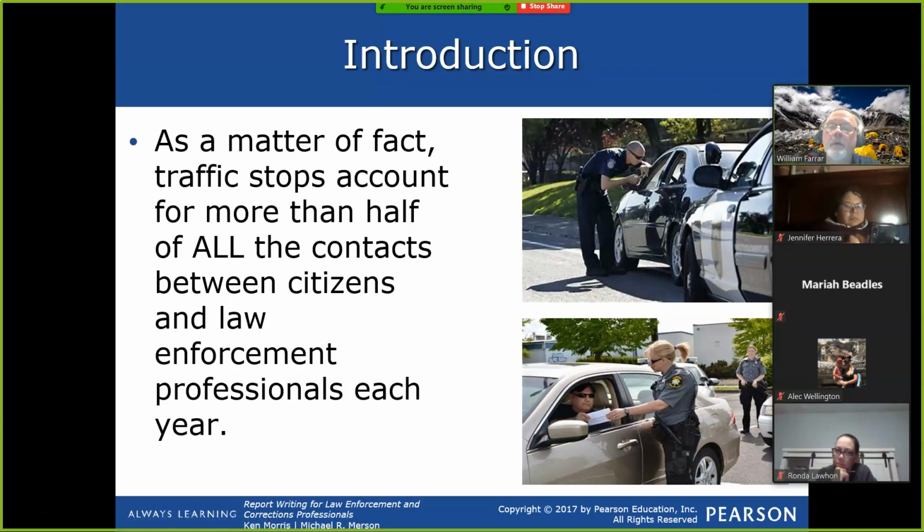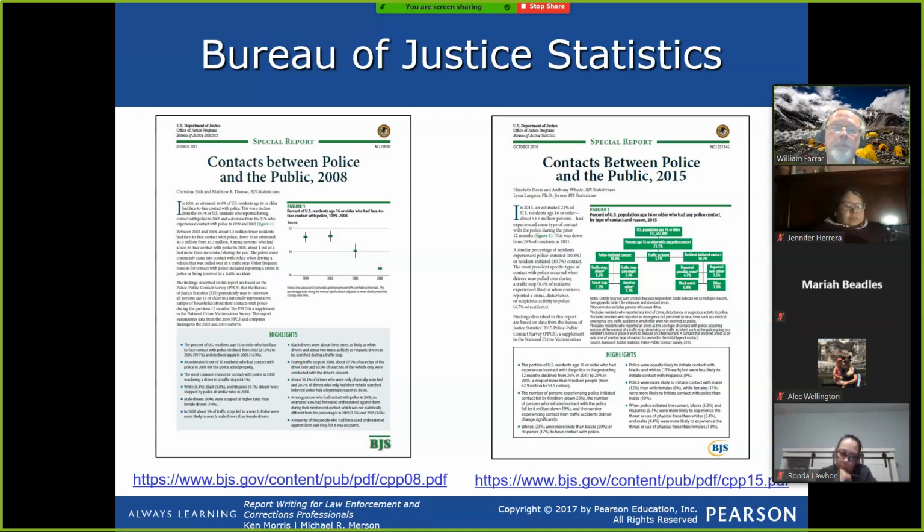Because of that, you're going to have to decide whether you're going to take some action or not. Please understand, though, that you do have discretion. That's one thing about working traffic. You have discretion on whether or not to stop somebody, or if you do decide to stop them, whether or not to issue a citation. Maybe not everybody needs a ticket. That will be totally up to you.